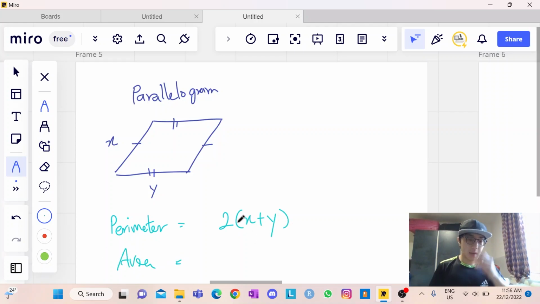All right, so the area we know for a rectangle is base times the height. So for a parallelogram, it's a slanted one. So it is still base times height, but you will need to look for the height here.